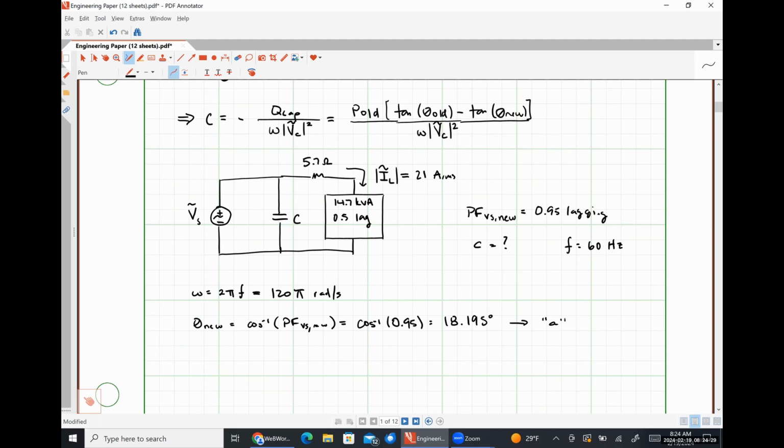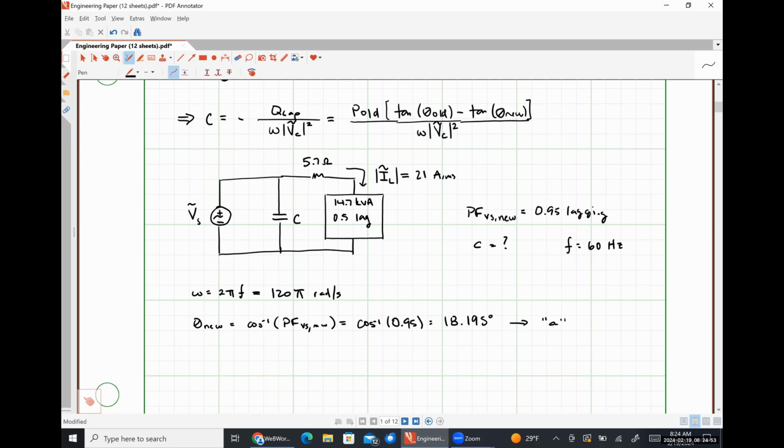The magnitude of the voltage drop across the capacitor is just the magnitude of the voltage supplied by our source, which was not given to us, but at least we know what we're looking for, right? So VC is just going to be VS, so we just need to solve for VS in whatever way we can.